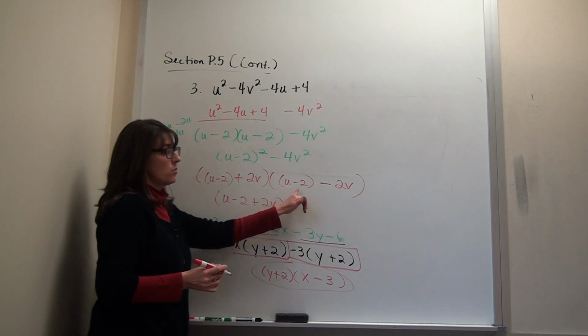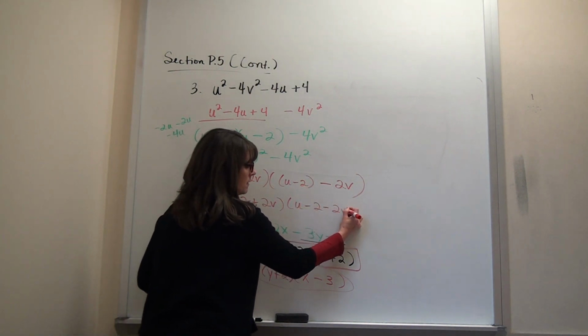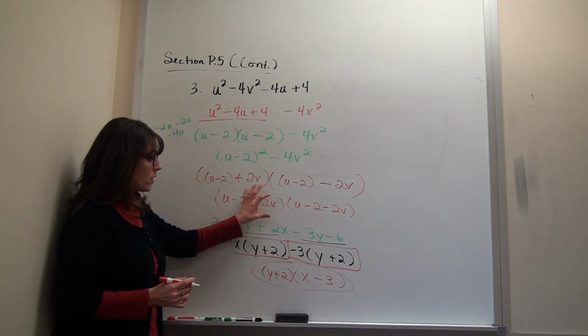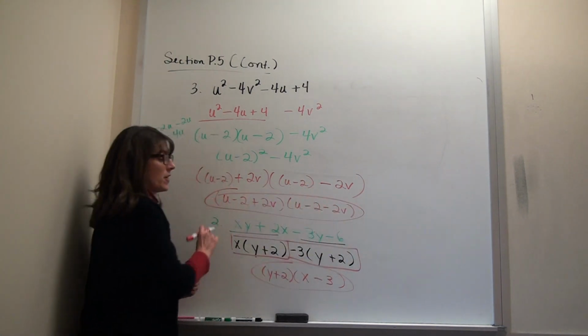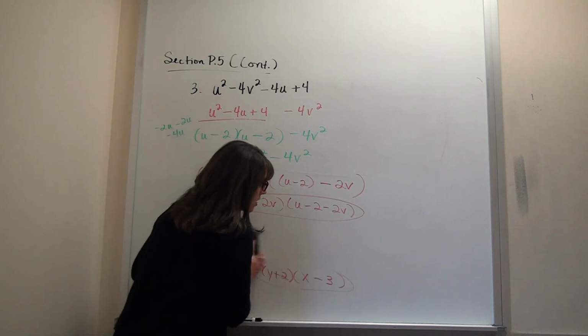And here it's just a u minus a 2 minus a 2v. That is factored form because you've got a quantity times another quantity. There's your answer.